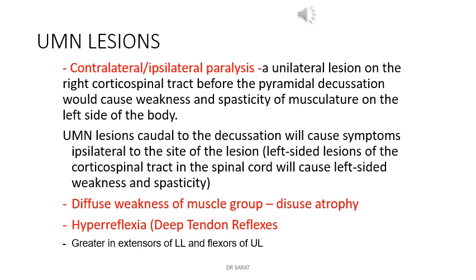And these exaggerated reflexes are usually greater in the extensors of the lower limb, that is the group of muscles which helps your leg to extend, the knee as well as the ankle to extend, and in the flexors of the upper limb, that means the group of muscles of the upper limb which helps your upper limb to get flexed.